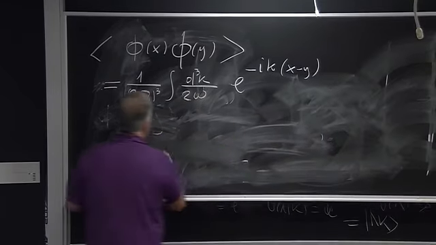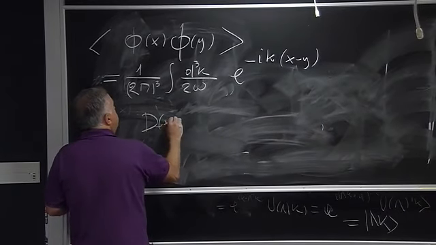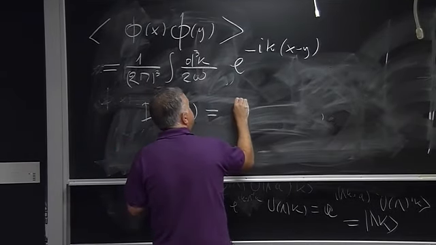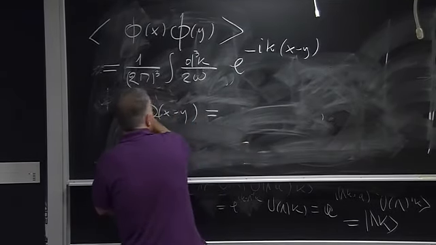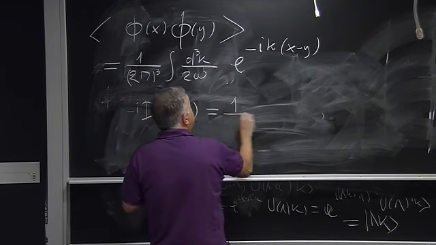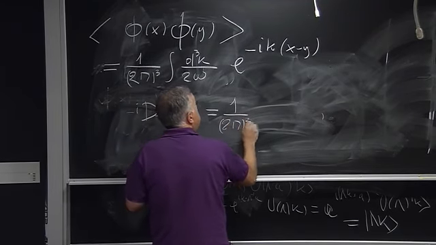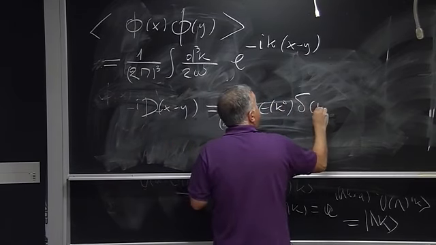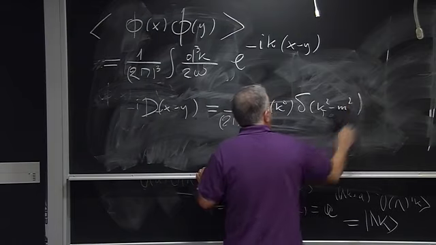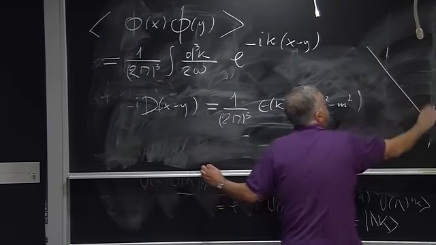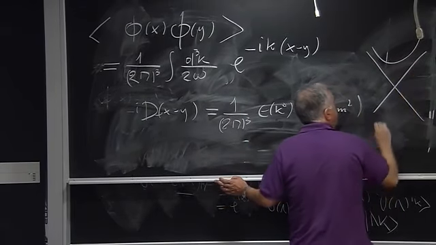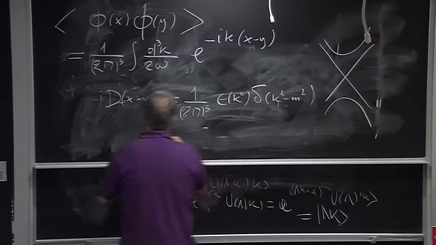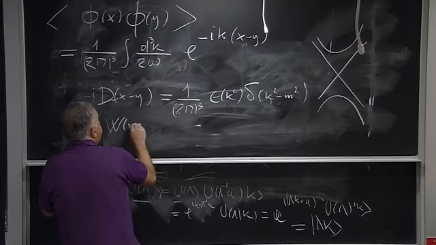This means that in the Pauli-Jordan function we had two components. The commutator is 1 over 2 pi cube epsilon k0 delta of k squared minus m squared, which has two components. One which has positive energy, one which has negative energy. And we just selected the component which has positive energy.